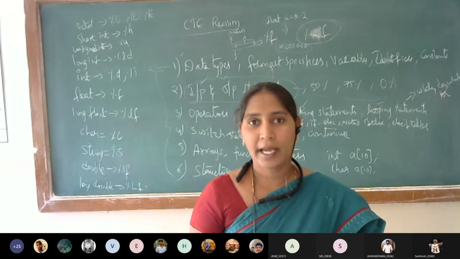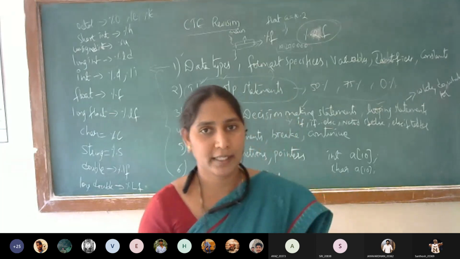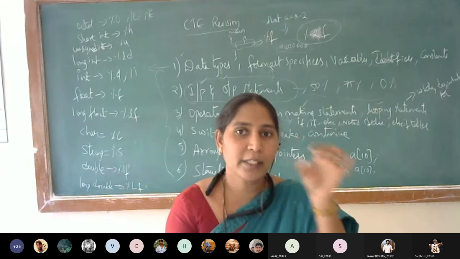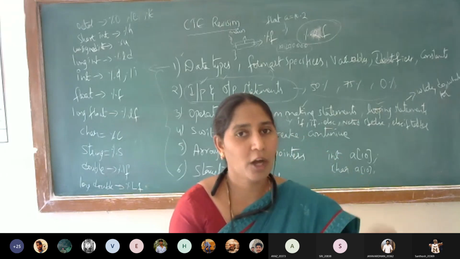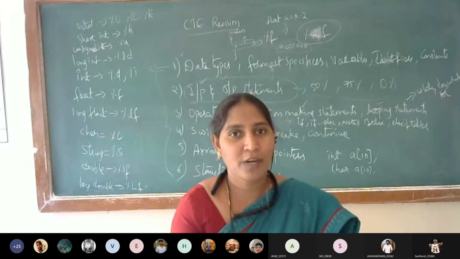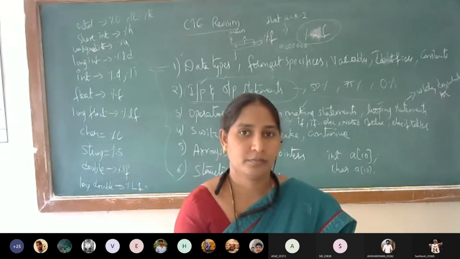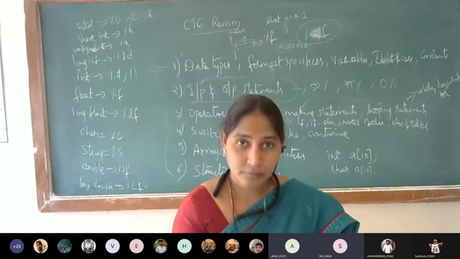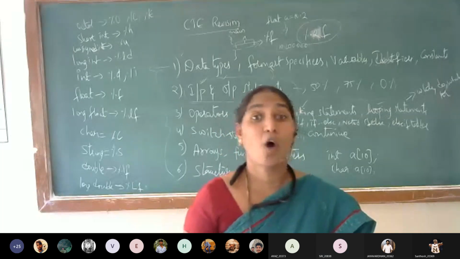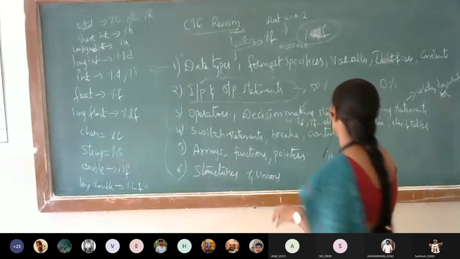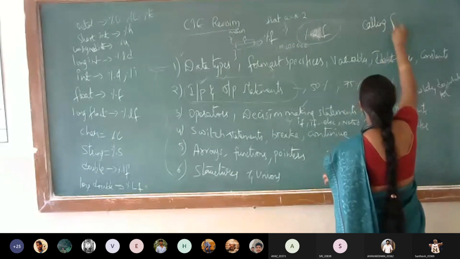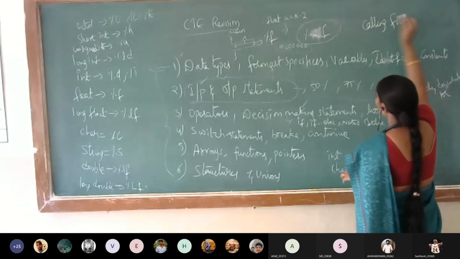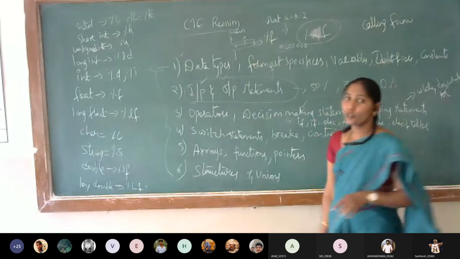You declare a function either in the global declaration or the local declaration, and whatever function you have declared in the declaration part, you call in the main function. That particular function is said to be a calling function.